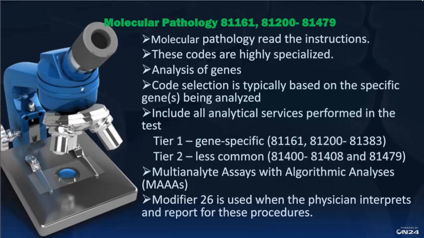Tier 2, which are less common, are 81400 to 81408 and 81479. Multi-analyte assays with algorithmic analysis are actually found in a different grouping, but for whatever reason I put it on this slide. They're codes 81500 to 81599. When coding for these, you may need to use a modifier 26 for the physician's interpretation for the report of these procedures.